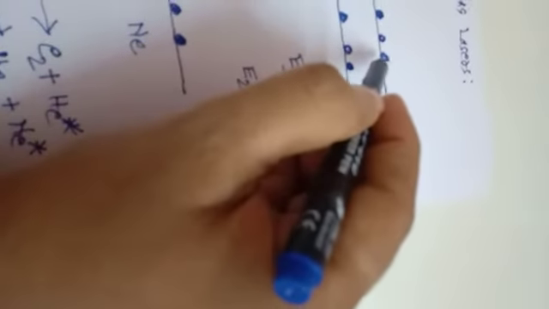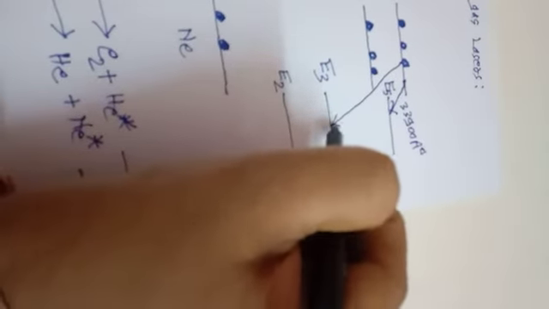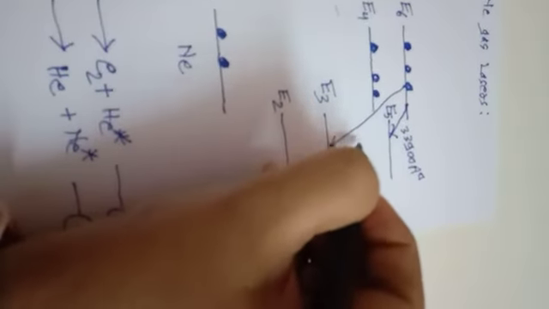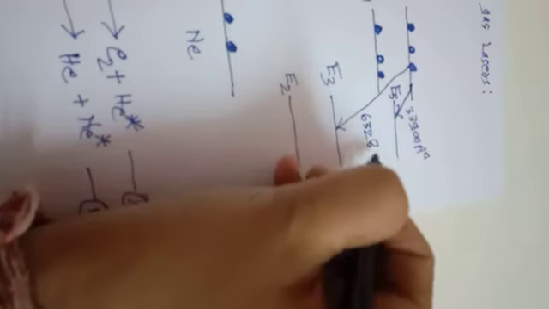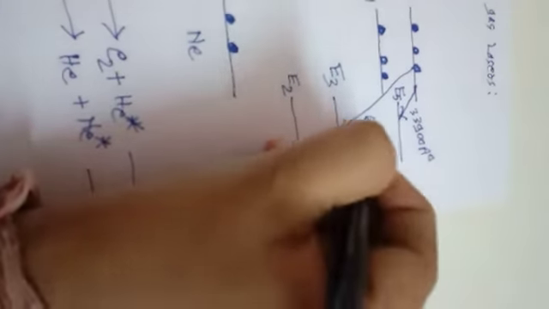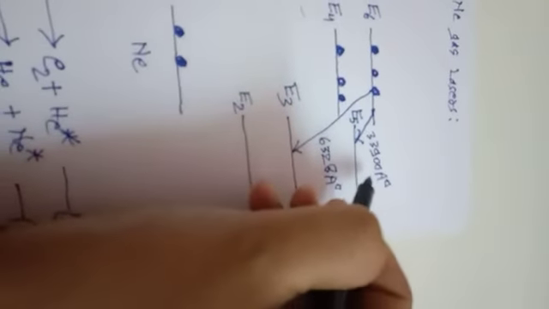It will emit laser radiation having a wavelength of 33,900 angstrom. Neon may de-excite from E6 to E3 energy level. At that time it again emits laser radiation having a wavelength of 6328 angstrom, which lies in the visible region, and the earlier one lies in the infrared region.